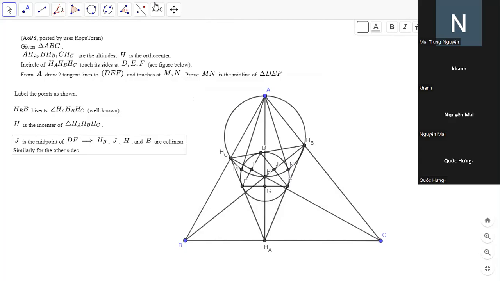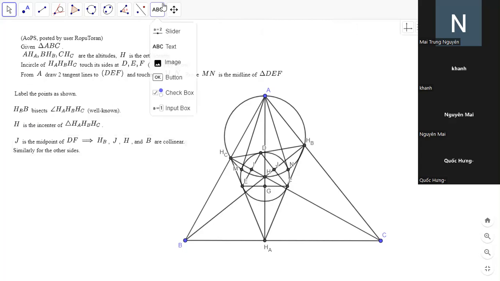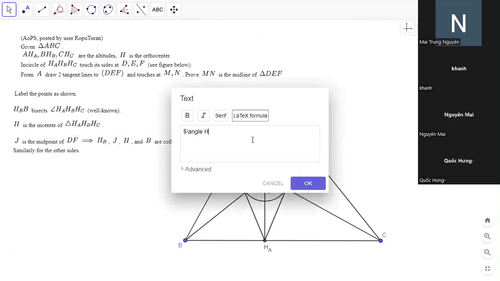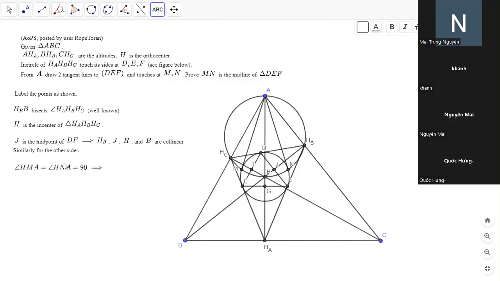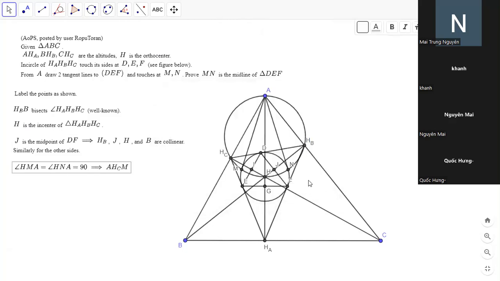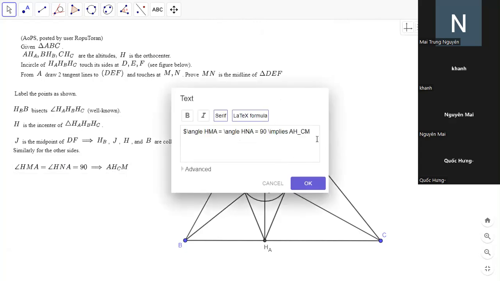So HNA is 90 degrees. And that implies that A, H, C, M, N, H, B is cyclic.